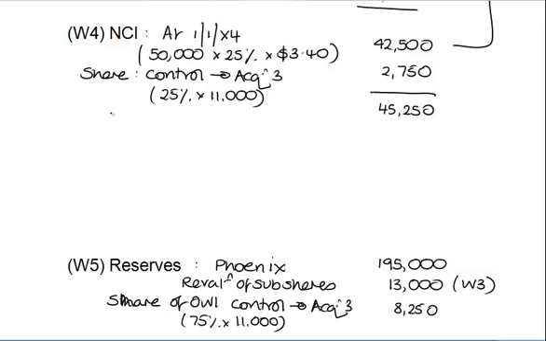We now need to work out our adjustment. On the 1st of January X5, Phoenix bought 15% of Owl. So can you see, as far as the NCI is concerned, the NCI is worth 45,250, and they are giving away 15% of the 25% of the shares that they own.